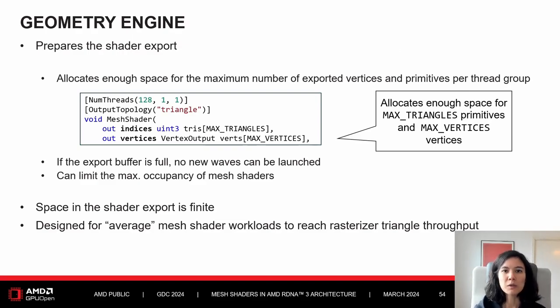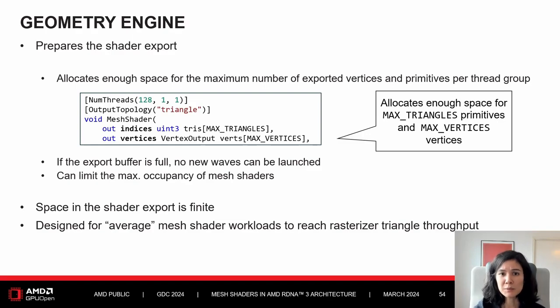Let's have a look at what the Trinity engine is doing when preparing the shader export. In this step, it's allocating enough space for the maximum number of exported vertices and primitives per thread group. These maximum numbers are defined in your shader code. So for this example code snippet on the slide, the Trinity engine would allocate enough space for max triangles primitives and max vertices.